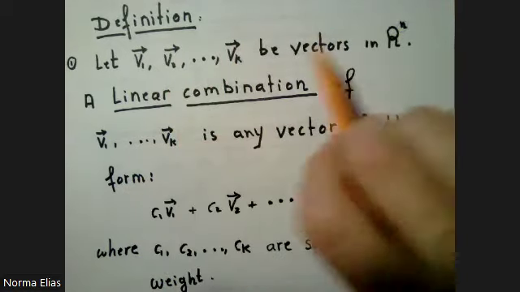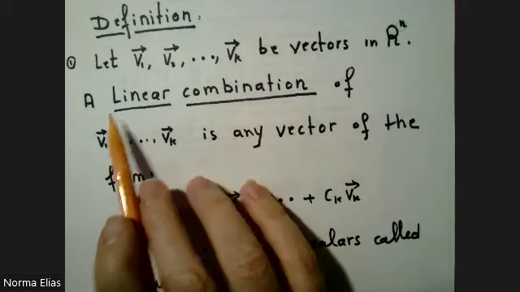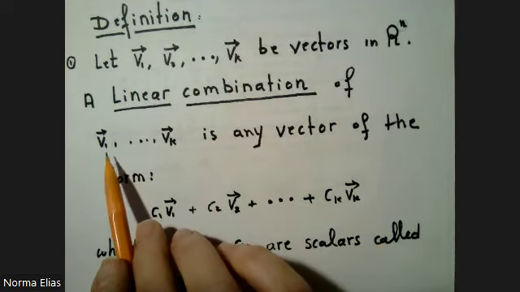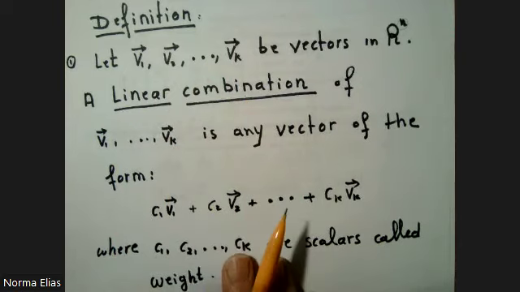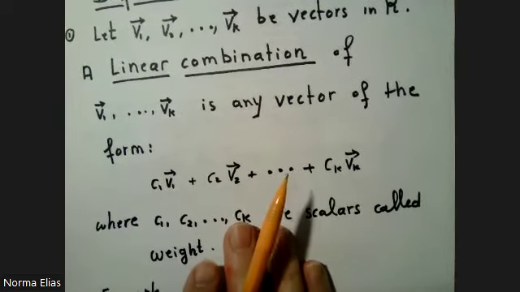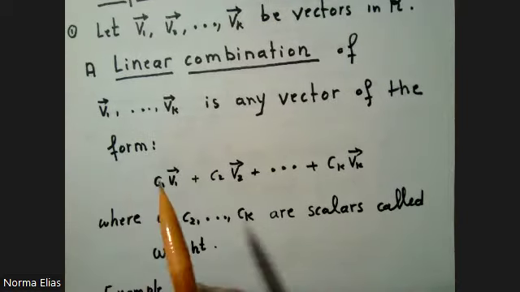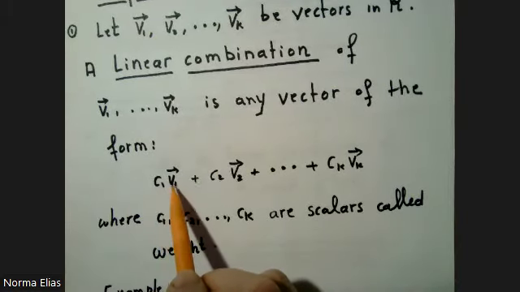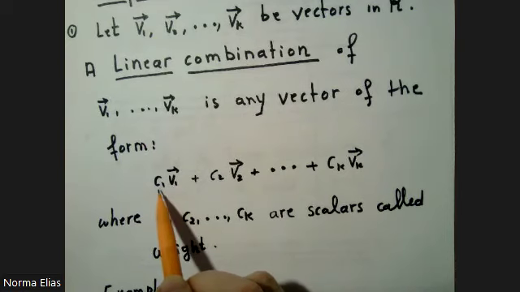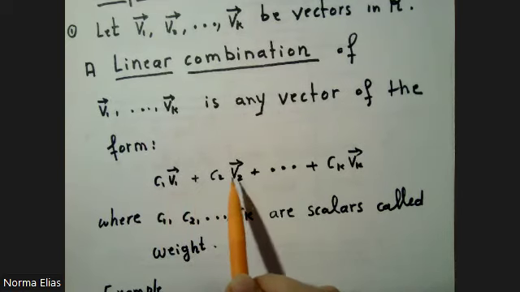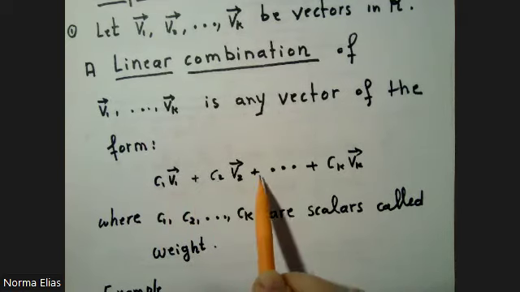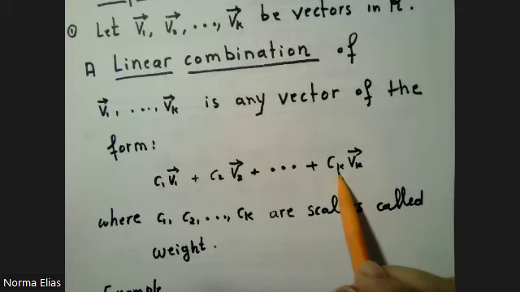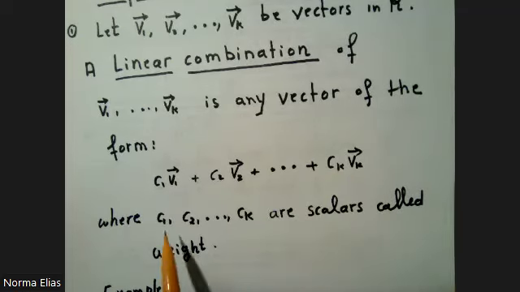Do not be scared by the notation. A linear combination of v1 through vk is any vector of the form: you take v1, you scale it by c1, you add to it v2 with a scalar put on it, etc. You add vk with a scalar put on it. c1, c2, ..., ck are scalars, and they are called the weights of the linear combination.